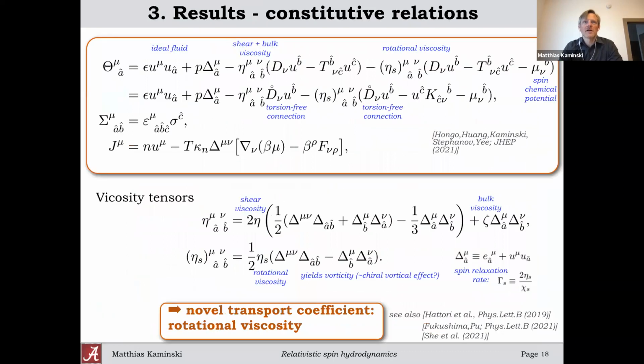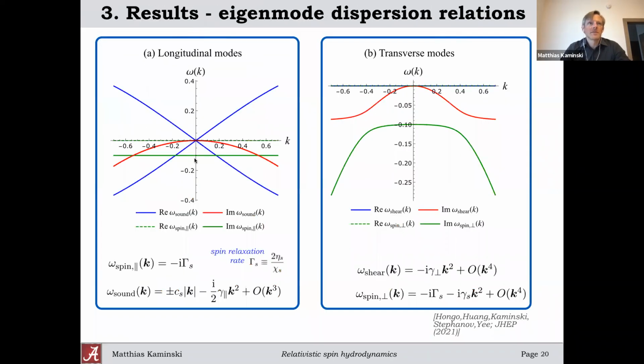So, for example, here we see that the imaginary part of the parallel spin mode is gapped, right? There's a gap here in the imaginary direction. And here you see that that is true also in the transverse spin mode. So they are gapped, in contrast to all the hydrodynamic modes.